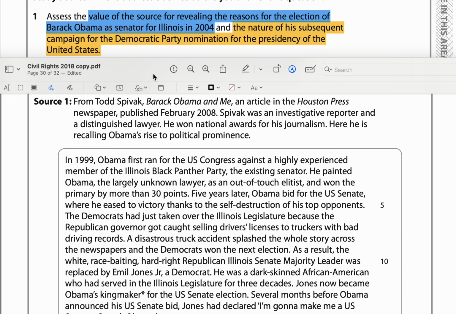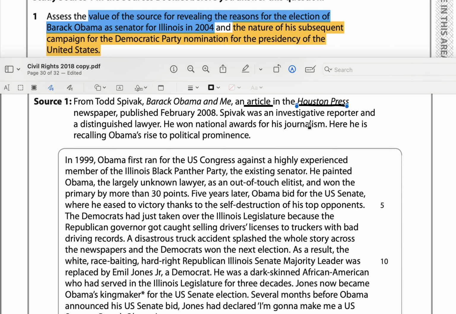So I'll keep the inquiries up here. Let's get into this a little bit. It's a newspaper article in the Houston Press, and it's published in 2008. So in terms of the audience, it's useful thinking about who the audience is.